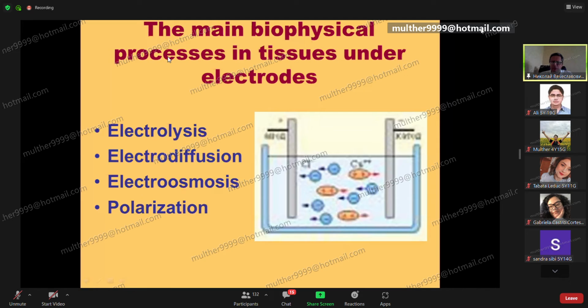Here you can see biophysical processes famous to you from the course of medical physics in the first year of education: four kinds of electric current associated reactions in different tissues: electrolysis, electrodiffusion, electroosmosis, and polarization.